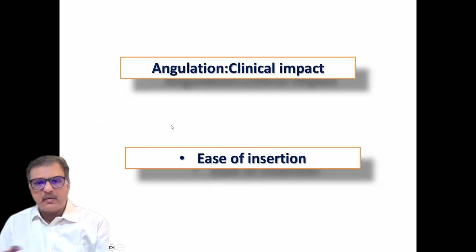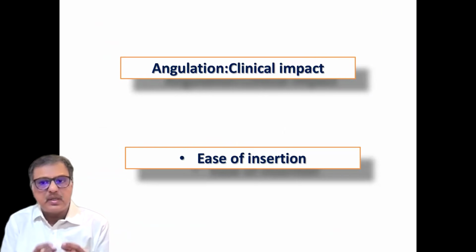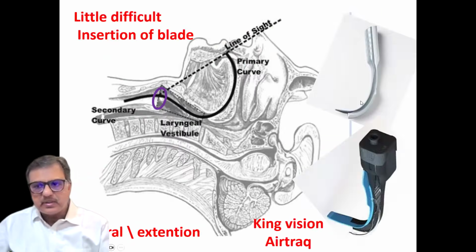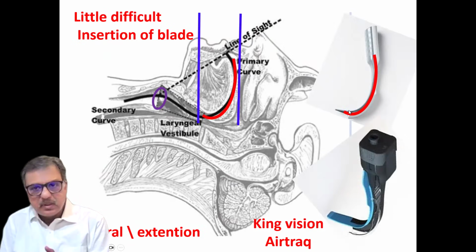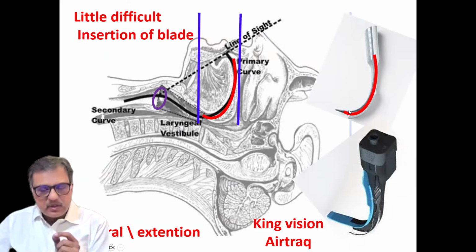So now we'll discuss the angulation and clinical impact on insertion. If you look at this J-shape angulation, the width from this tip to this curvature is a bit higher, and that creates a little bit of insertion difficulty.